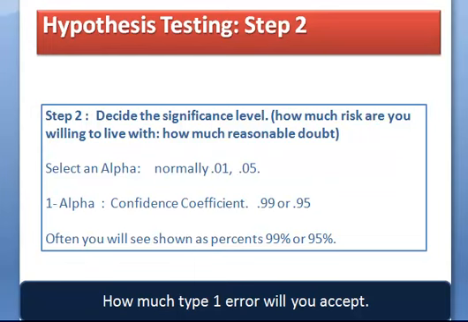Often you see these shown as percentages, 99% or 95% confidence level. It just determines how much reasonable doubt or how sure do you want to be. The smaller I make the alpha, the more sure I am that I don't have a type 1 error. And a type 1 error we will go through later, but a type 1 error is basically where I convict an innocent person.